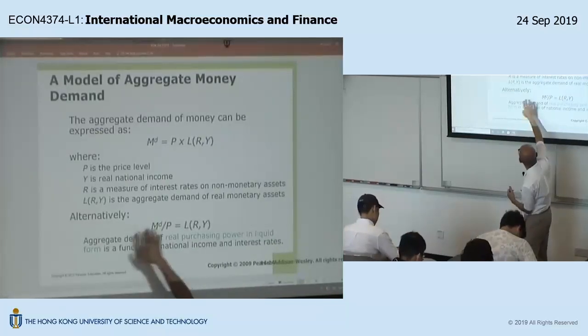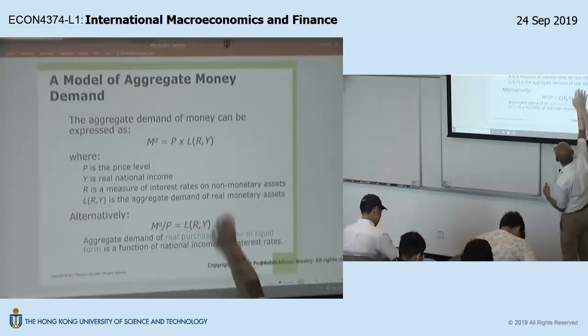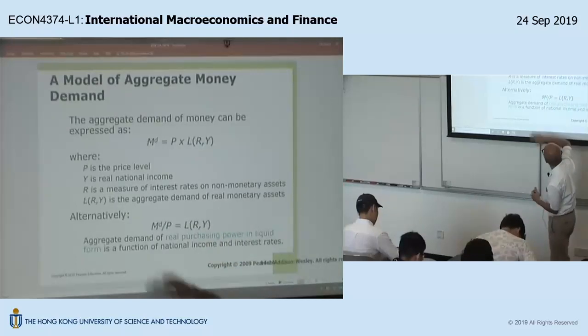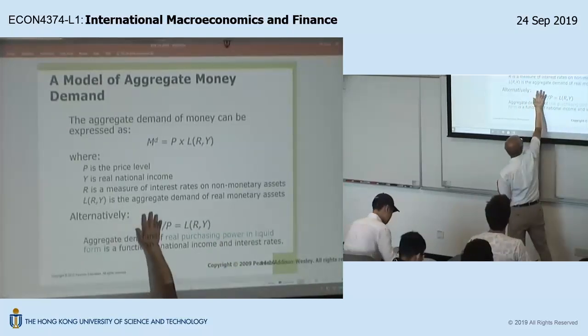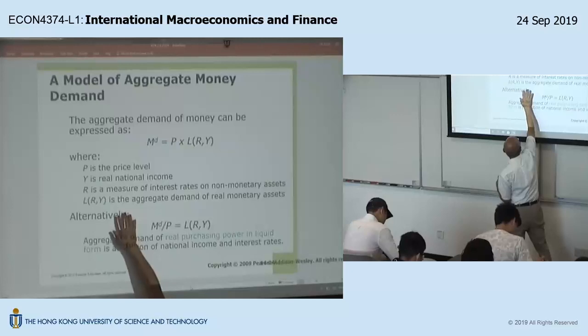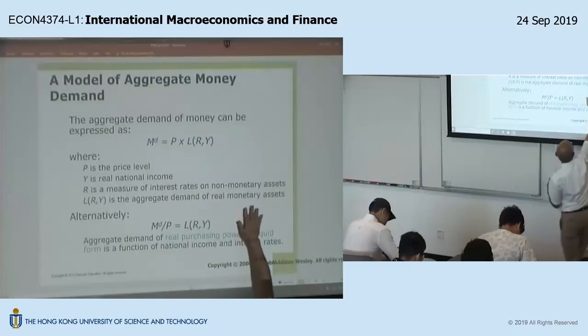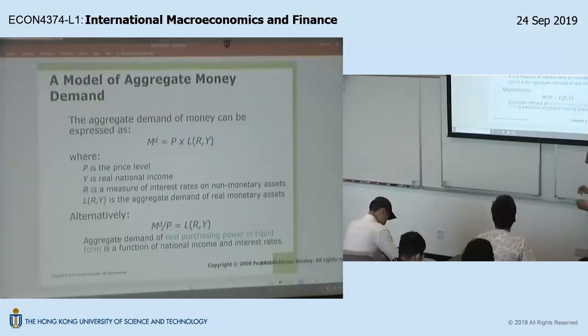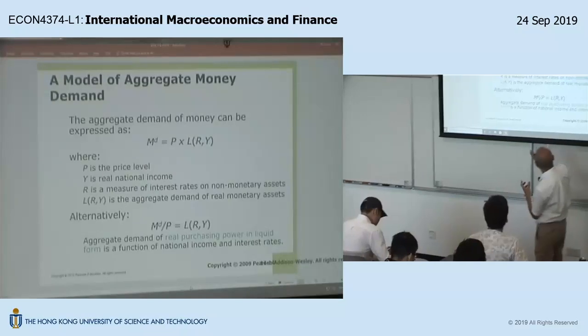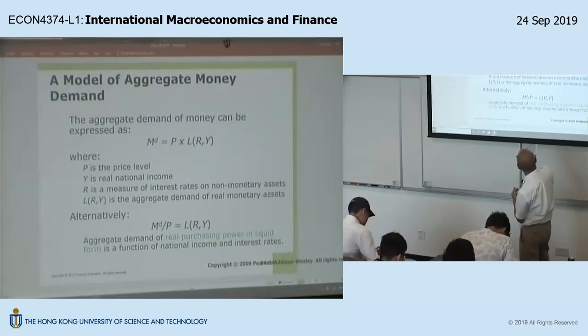And then R is the opportunity cost of holding money, the nominal interest rate. And L(R,Y) is the aggregate demand of real monetary assets. This is a concept that we have to explain a little bit.